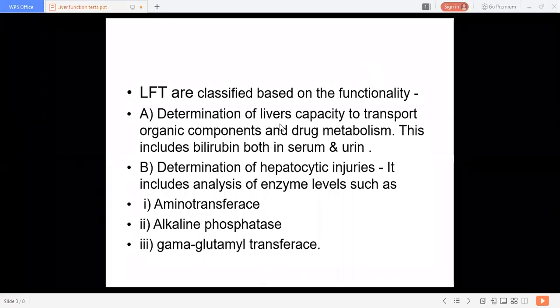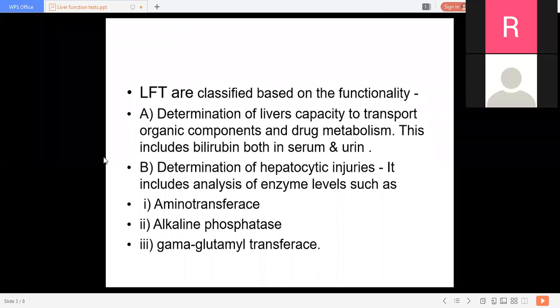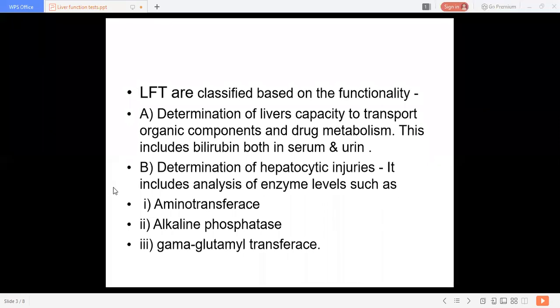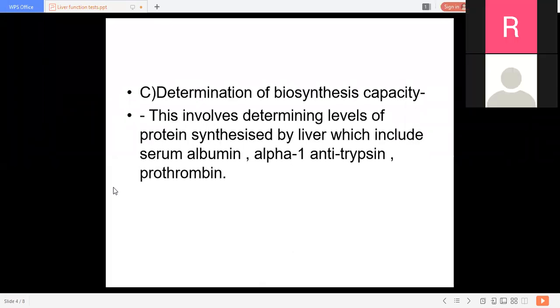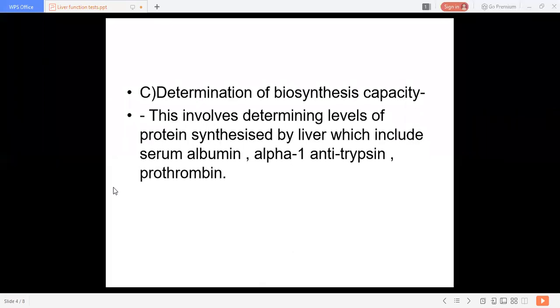Okay, so the first one was about the liver capacity by evaluating bilirubin. The second one is determination of hepatocytic injuries, that is the enzyme related studies. Then the third one is determination of biosynthesis capacity of the liver.